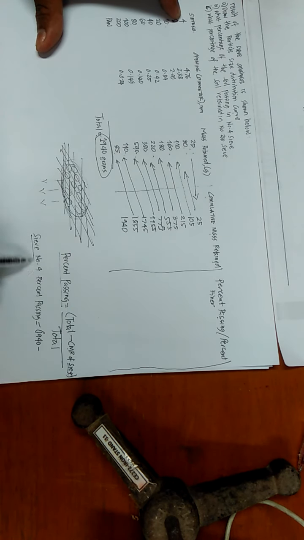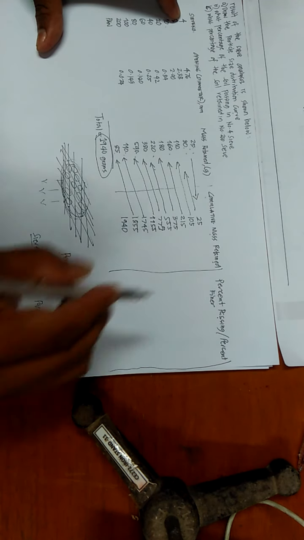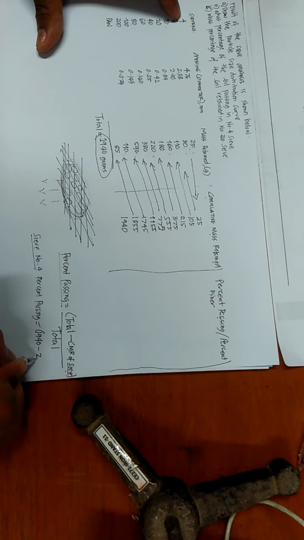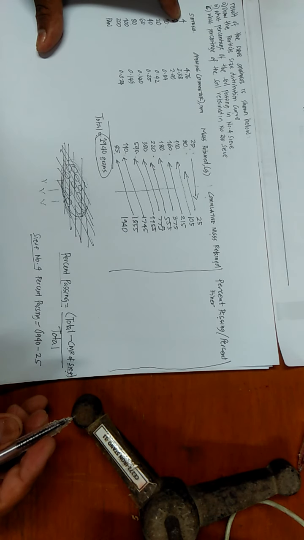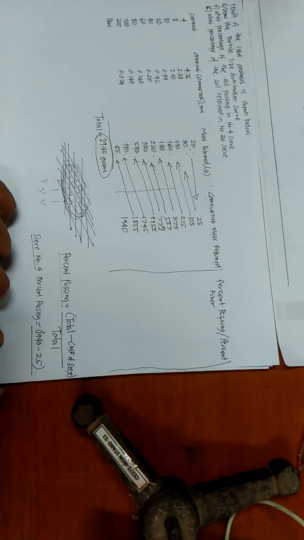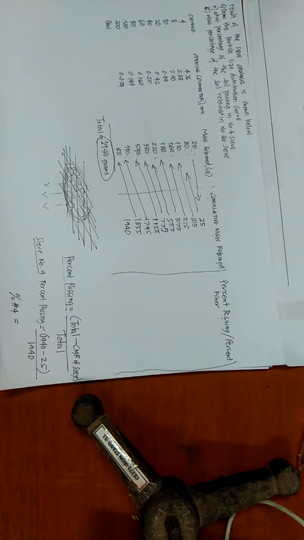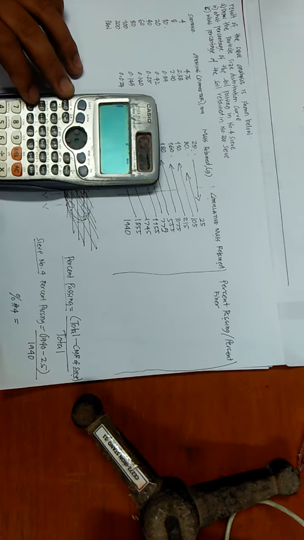So, since sieve number 4 yan, ang cumulative mass retained of sieve number 4 is 25, minus 25 divided by the total mass of the soil sample, oven dried. Ulit ko, dapat dried lagi. 1,940.